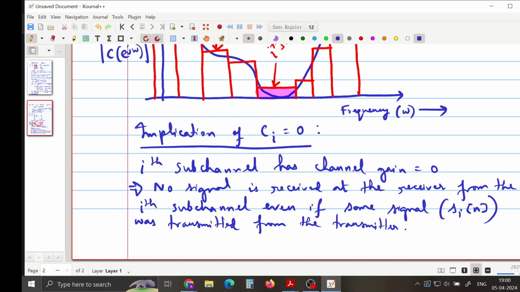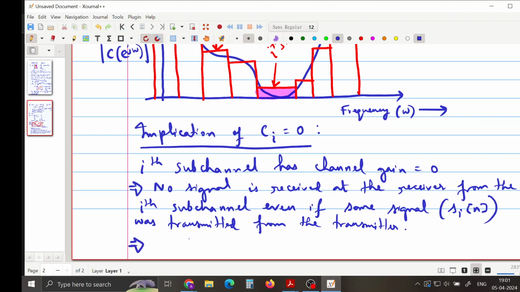And a consequence of this observation is that we can't recover what was the originally transmitted signal si of n for that subchannel, right? Because how can we do that?